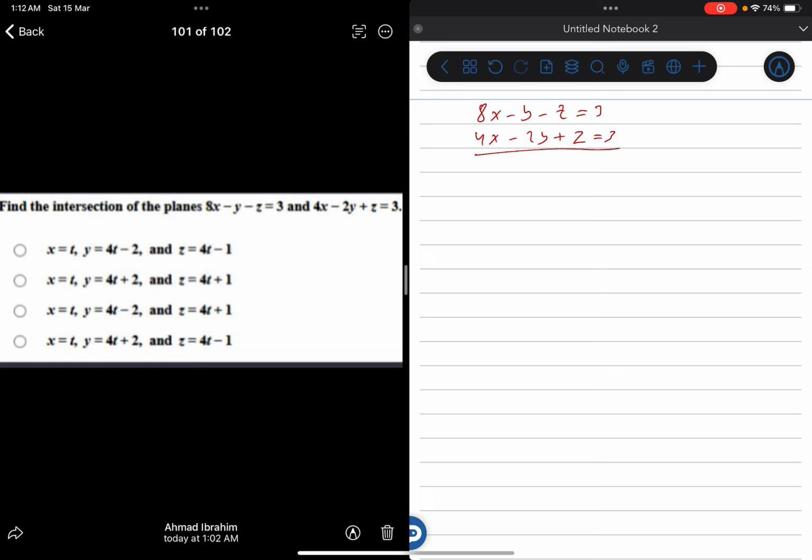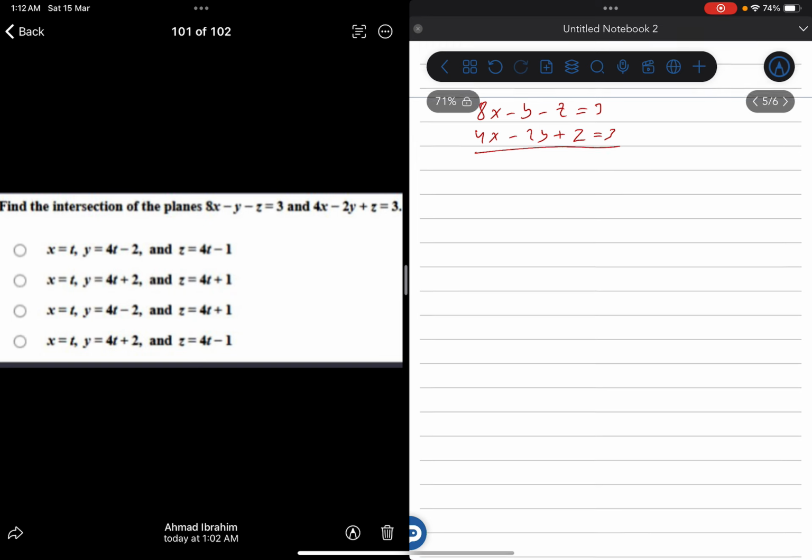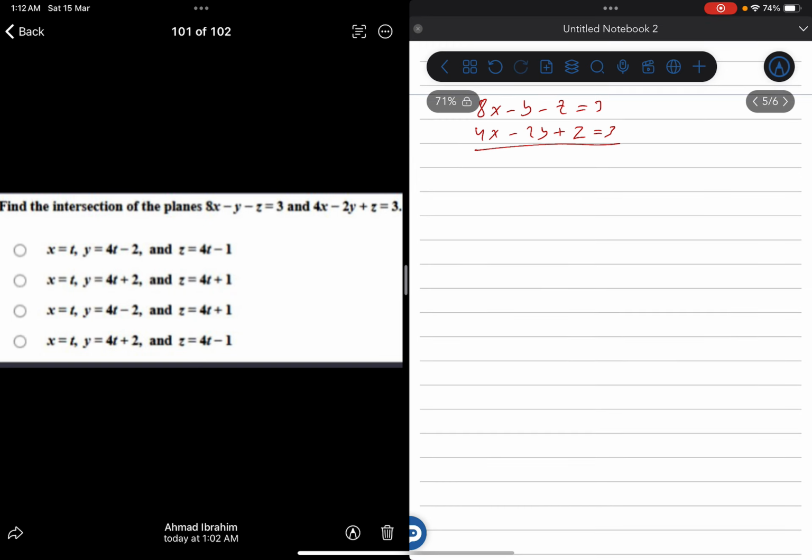So we have to make something so that one of the variables will disappear. So we have to make the addition.